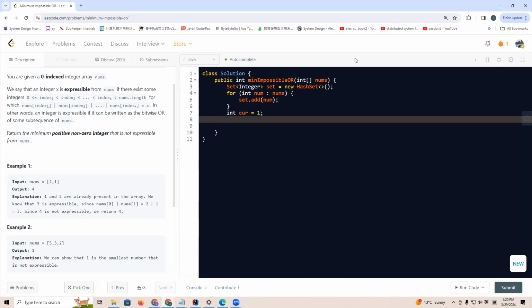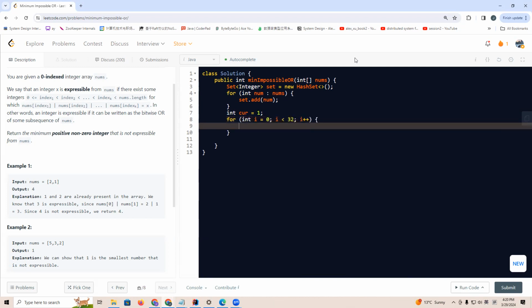For int i equals 0, i smaller than 32, i plus plus, current left shift 1, or current multiplied by 2, which is the same thing.